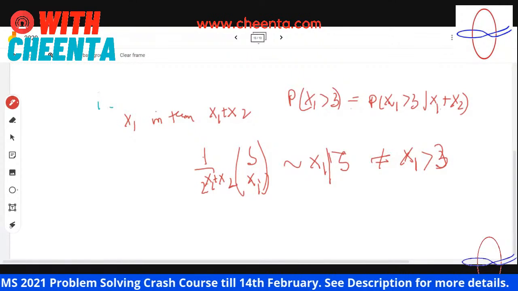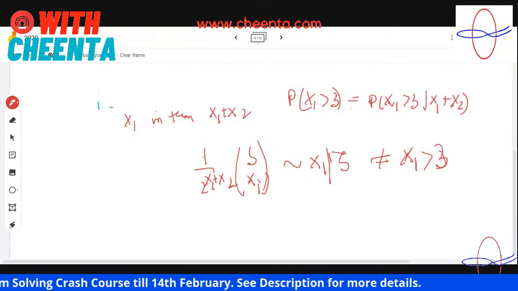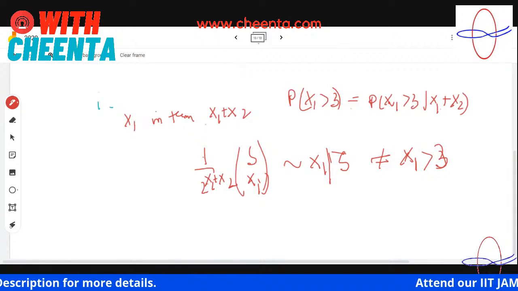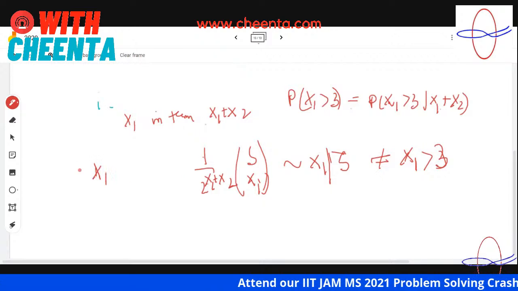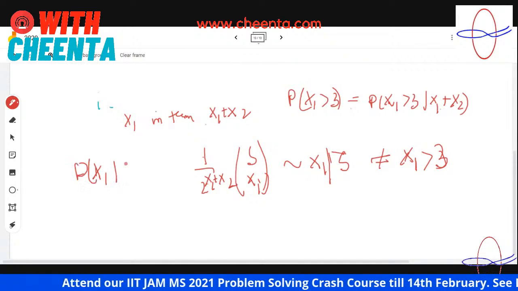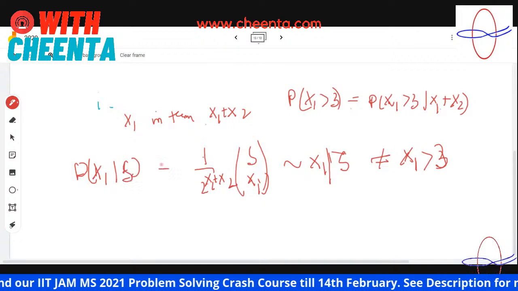Wait, it's getting confusing. See, you have calculated probability x1 greater than 3 given x1 plus x2, right? This is what you have calculated, Devargo. You have calculated that probability x1 given s is equal to this.